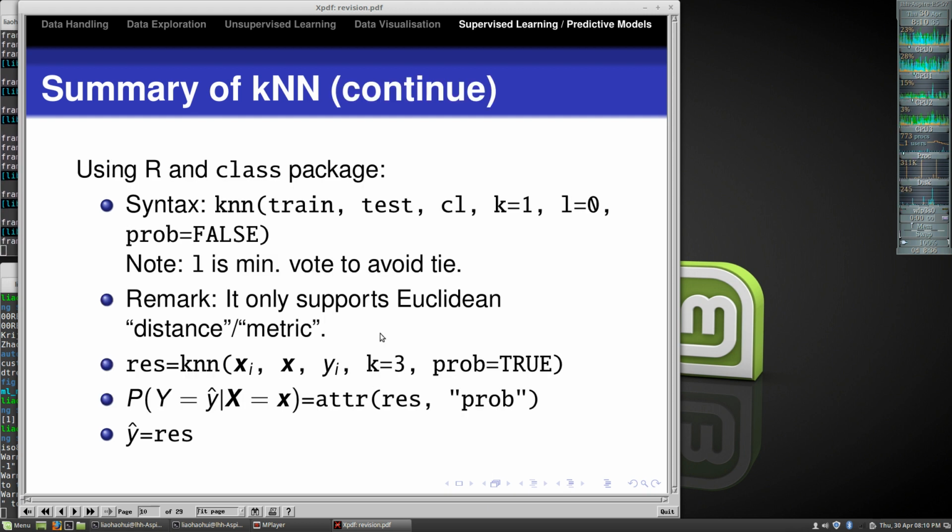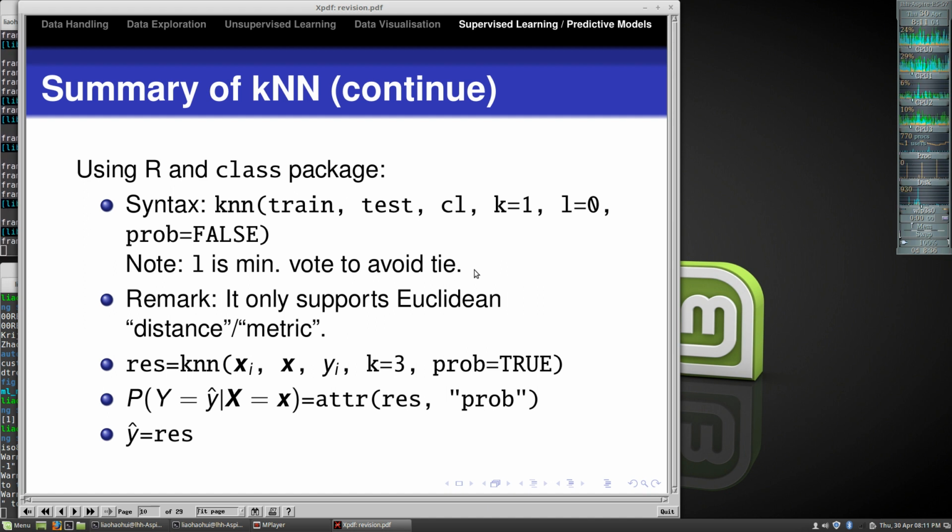So apparently in R, it uses a thing called l, the minimum vote to avoid tie, to resolve this issue. By default, if it is set to 0, then most probably it will just pick one of the classes.